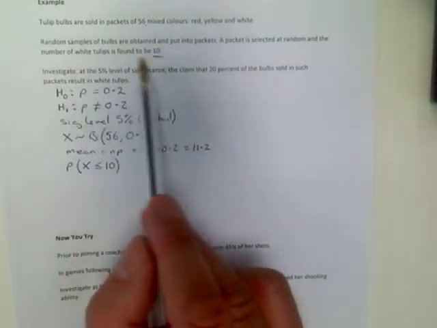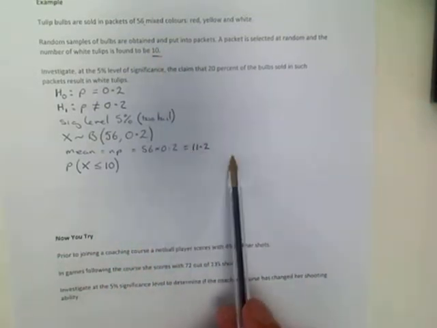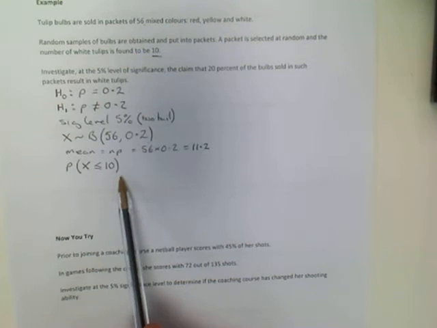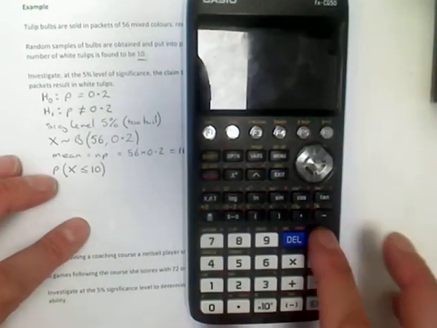If, say, this number had been 14, on the high side of the mean, then I would have done a greater than or equal to. So I know this is on the low side, so I want to know how unusual it is to be that low or lower. Okay.